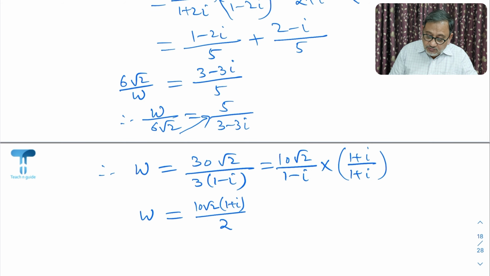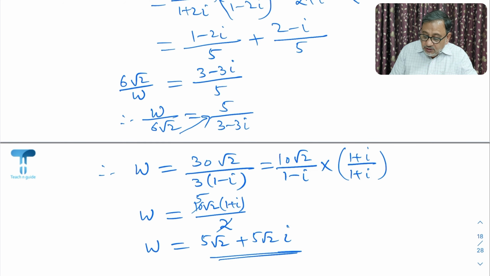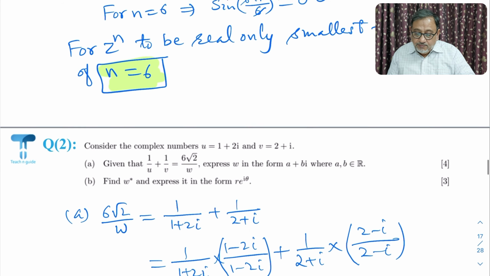Okay. So we will separate them. So 10 root 2 by 2 will be 5. Here itself I can cancel it, so that I get the real part separately and imaginary part separately. 5 root 2 plus 5 root 2 i. This is in the a plus bi form.